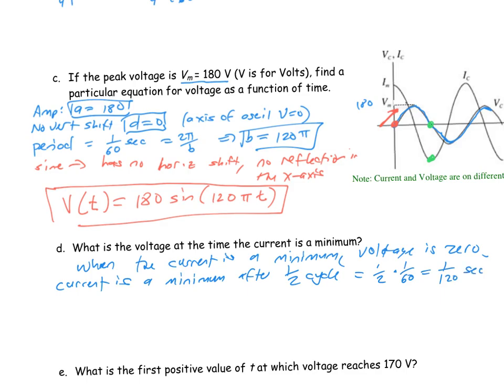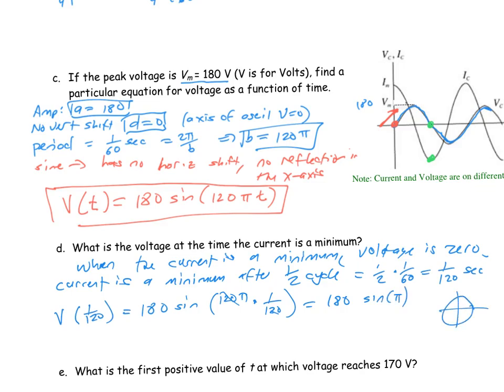We could substitute that into our voltage equation that we found in letter C. So we can find V of 1 over 120, and that's going to be 180 times the sine of 120 pi times 1 over 120. The 120s cancel, so this is 180 sine of pi. If we think back about our unit circle and where pi lies, the sine of pi is 0. So the voltage when the current is at a minimum is 0 volts.